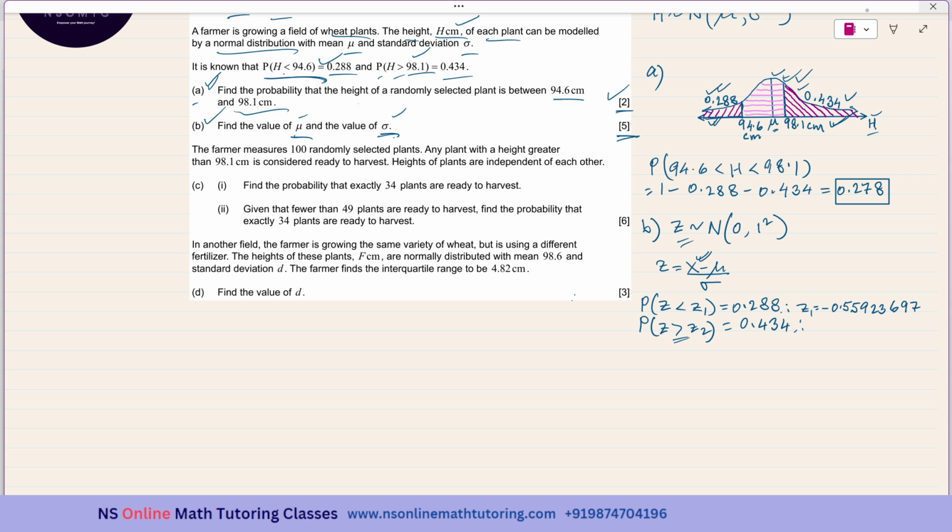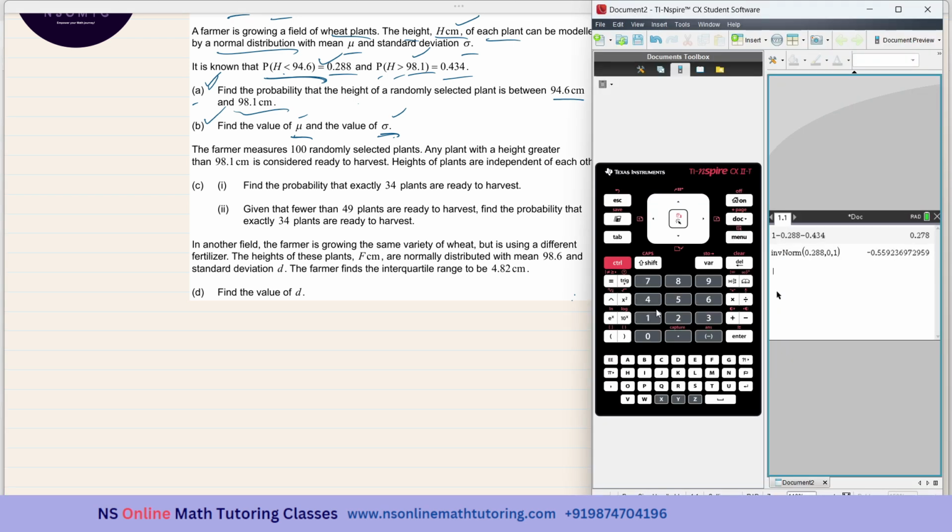So therefore, probability of Z less than Z2 should be equal to 1 minus 0.434, equal to 0.566.